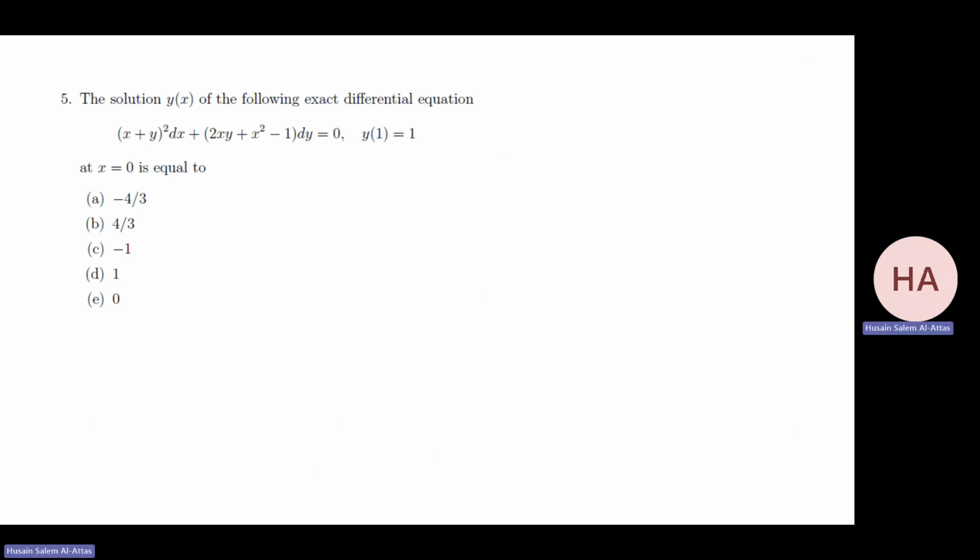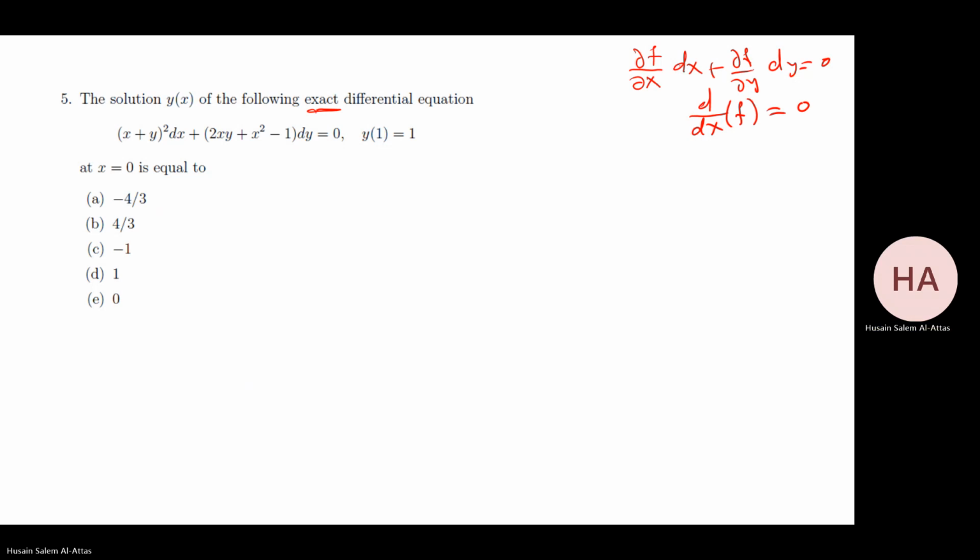Okay, the solution of this equation, he says it's exact. How to solve exact? If you remember, exact means I have partial f with partial x dx plus partial f with partial y dy equals 0, which means d over dx of f gives me 0.